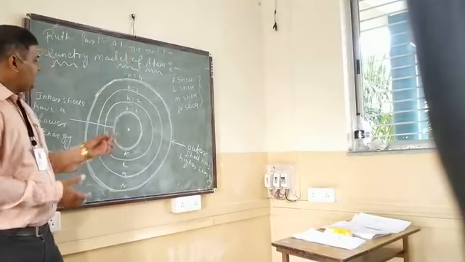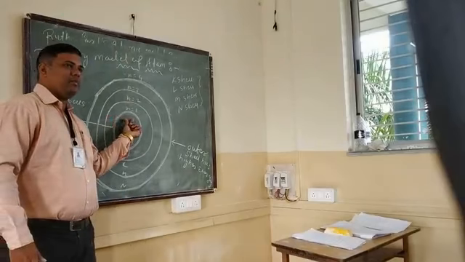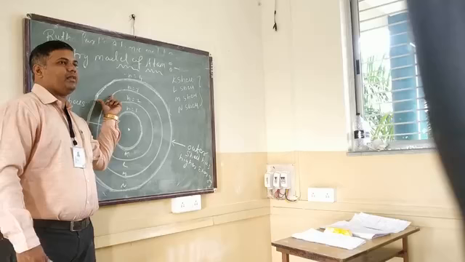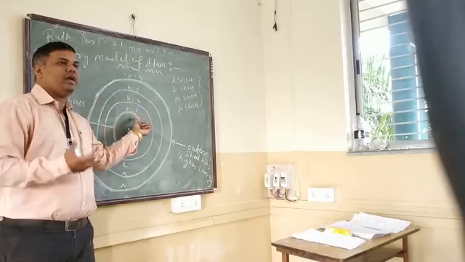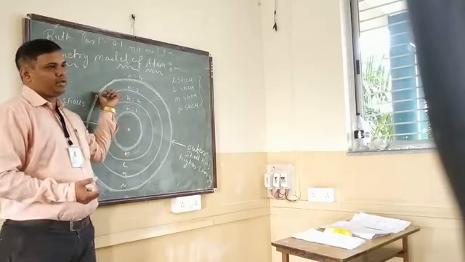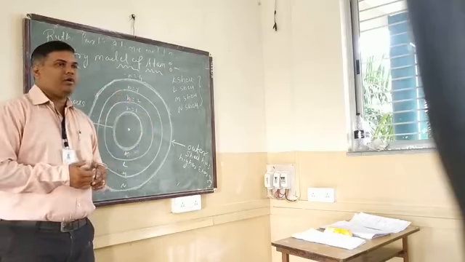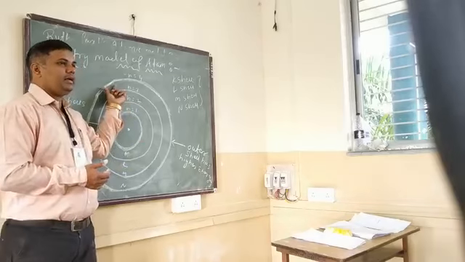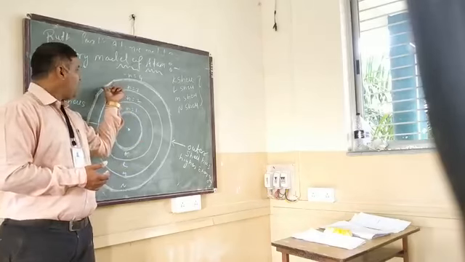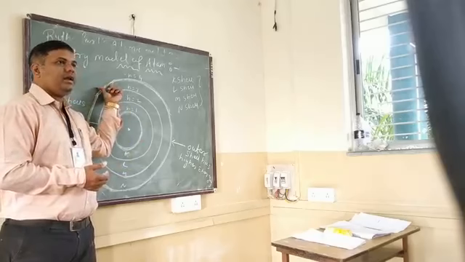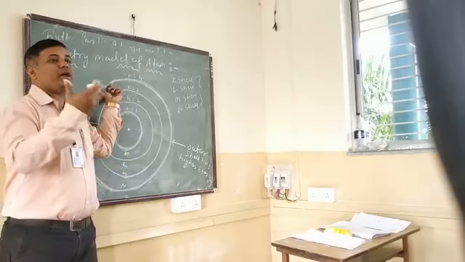Whenever the electron wants to jump from a lower energy to higher energy, it will absorb the energy and go to a higher energy, right? Why will it absorb the energy? Because the higher shell which is present requires more energy.